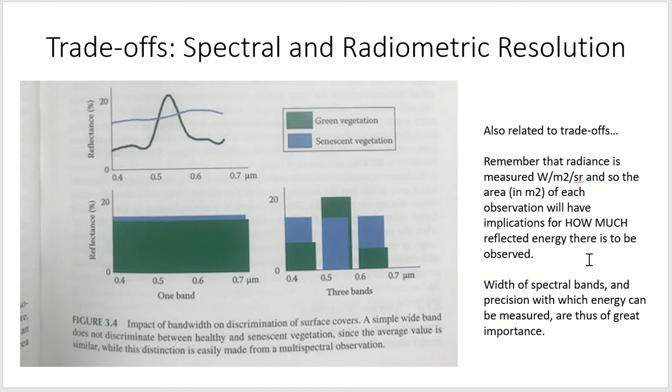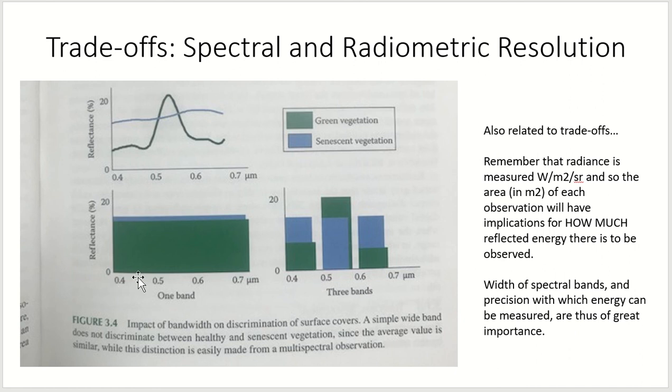It also has different implications for the amount of incident sunlight, and those get divided out when you look at reflectance. But there is going to be a quantity of energy that the sensor is observing. And the question is, with the sensor's radiometric resolution, how well can it detect differences in that energy? The amount of area that each observation is seeing, here the pixel size, as well as the width of the bin, influences the amount of that energy.